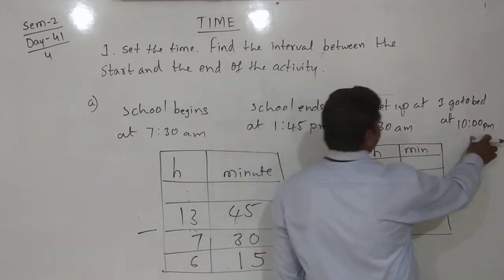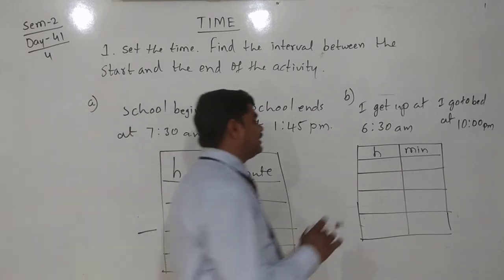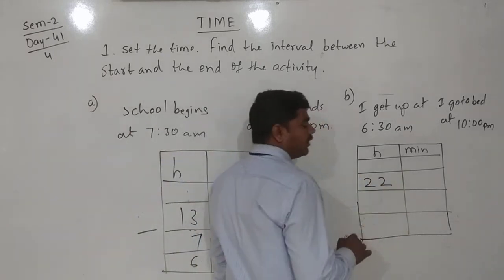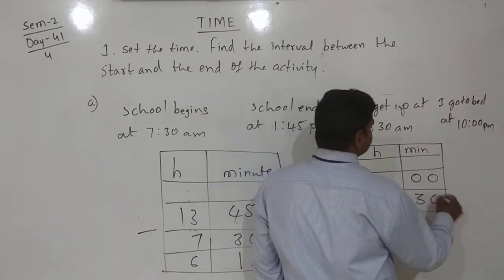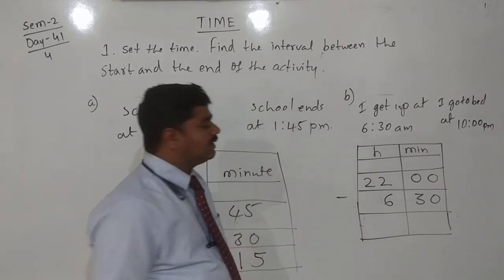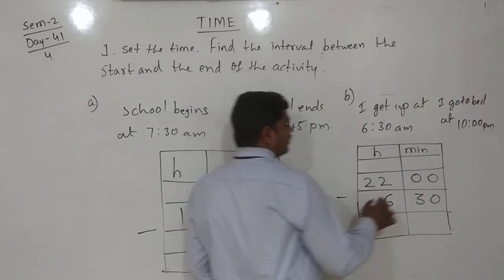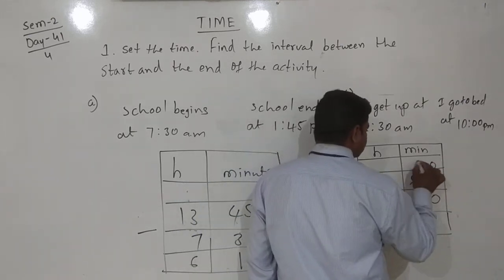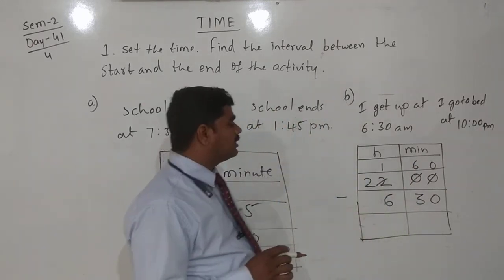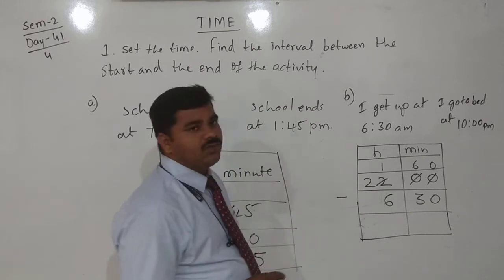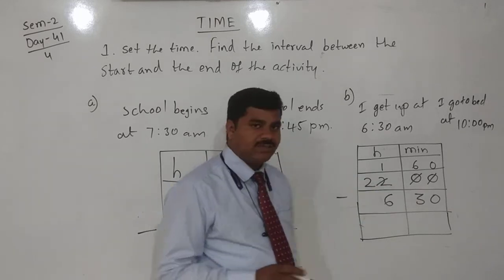Here 10 PM means you should add 12 for that. 10 plus 12 is 22. 0 minus 30. Here 0 means half an hour is left. You think it is of 60. When will you write 60? Then it is 21 hours. 1 hour can be converted into minutes. 1 hour is equal to 60 minutes. That's why.